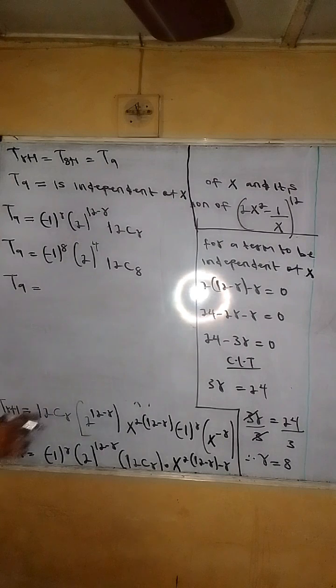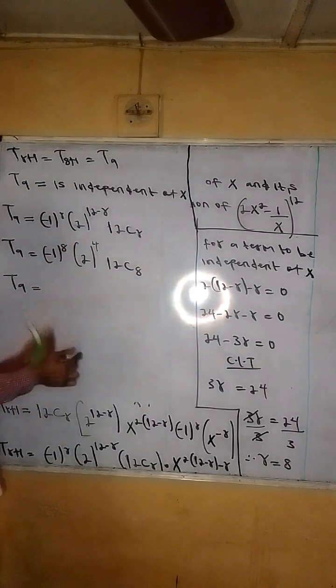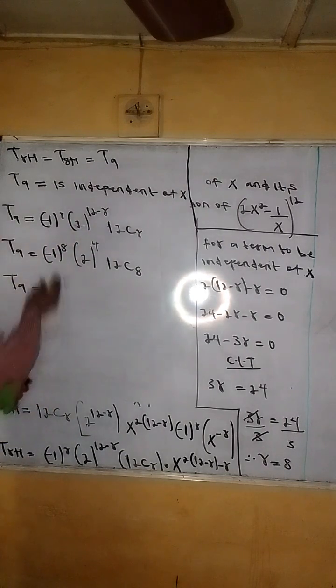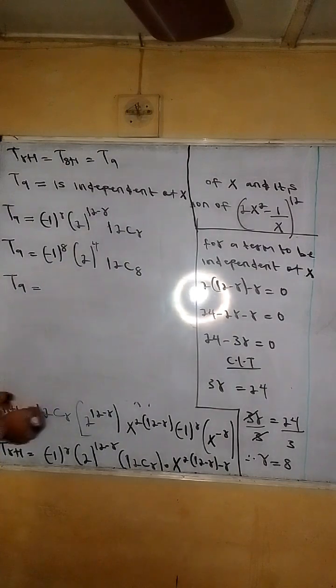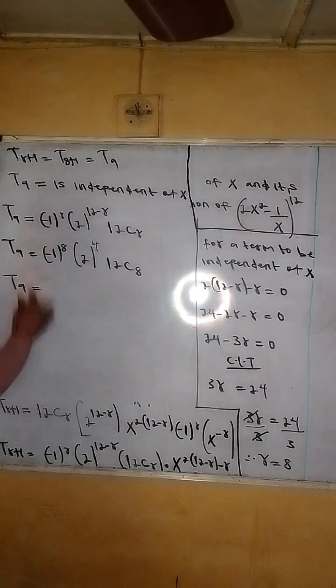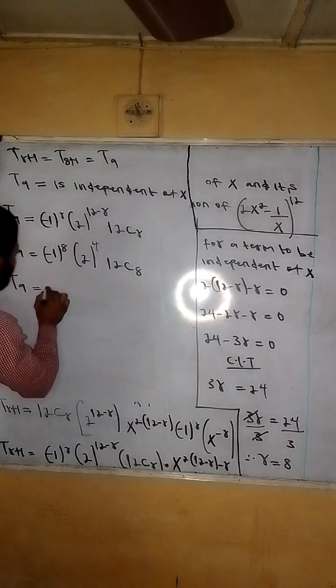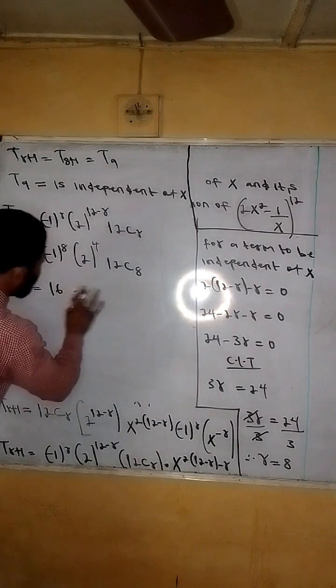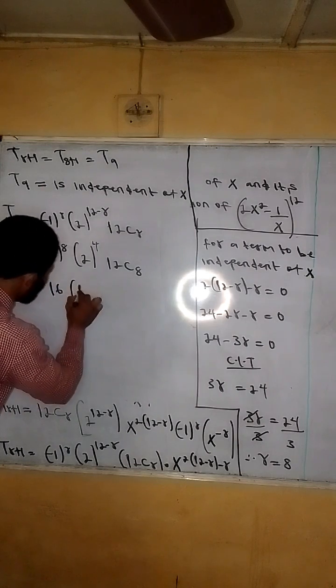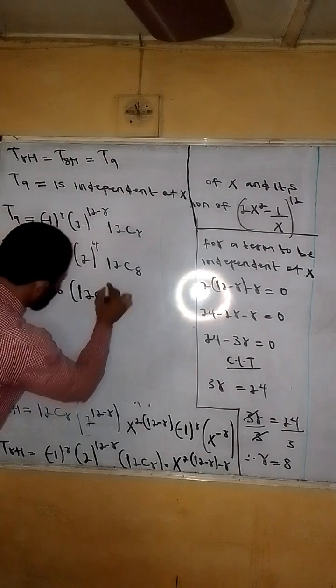So (-1) raised to power 8: a negative number raised to an even power, the sign changes. If the sign was minus before, it will turn into plus. So (-1) raised to power 8 is plus 1. 1 times this gives me 16 into 12 combination 8.